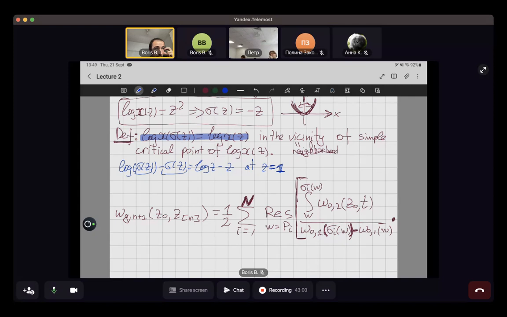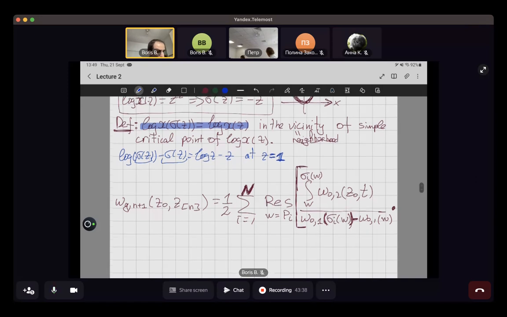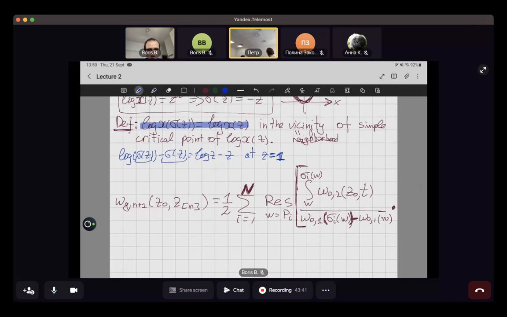Therefore it's enough to find a few first coefficients in the Taylor expansion of this sigma. So a closed formula for sigma in that case is not really viable, but for computing the residue you just need a few terms. I hope we'll discuss it in detail on practice, maybe today or next week. We'll see. Any more questions?